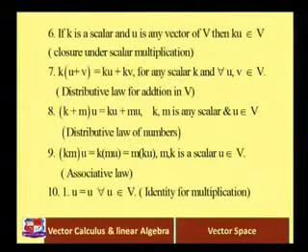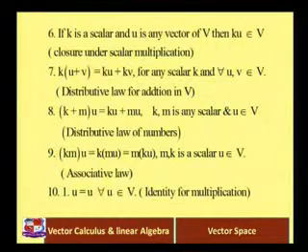The next condition is (k plus m) into u is equal to k into u plus m into u, where k and m are any scalars and u belongs to vector space V. That is called the distributive law of numbers.